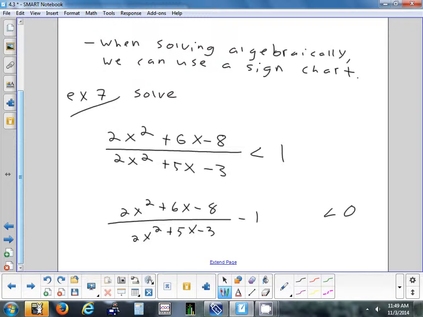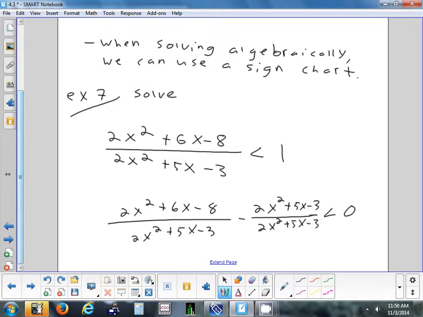Now, the way it is right now, I have two separate fractions. They have different denominators. I need a common denominator. My common denominator is going to be the denominator of that first fraction. So what I'm going to do, so I don't have to copy the whole thing over again, is rewrite 1 like this: 2x squared plus 5x minus 3 divided by 2x squared plus 5x minus 3.